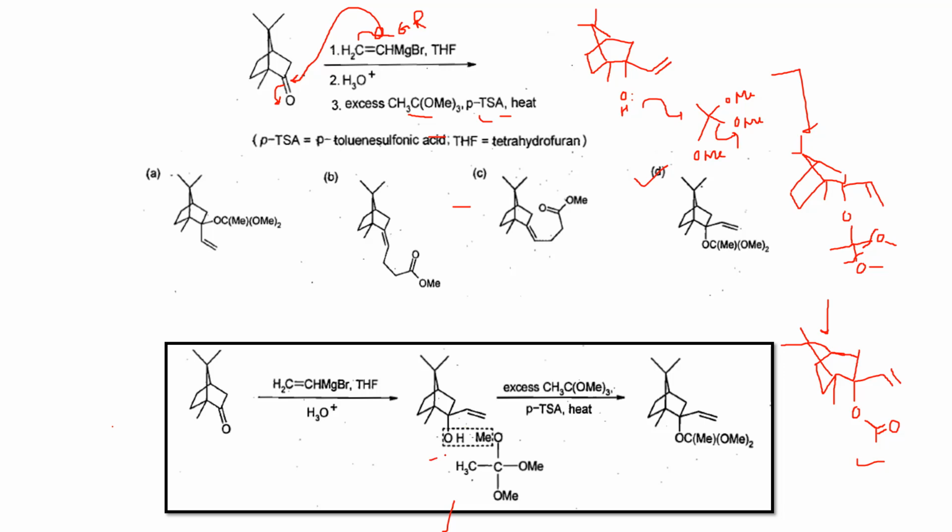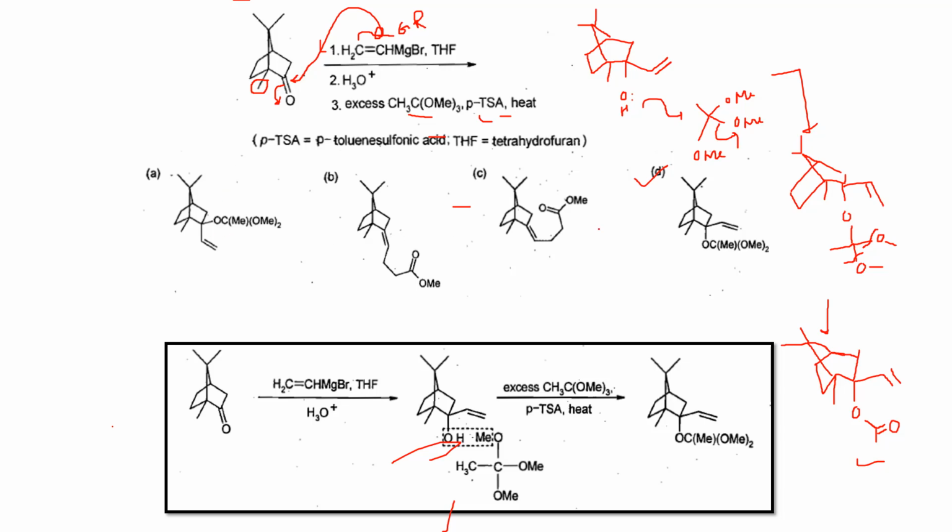Now the question may arise, why this, not this? Both are the same, just the vinyl group is in the axial position here, and in the equatorial position there. In this case, due to the presence of this methyl group, this exo attack is more favorable than the endo attack.